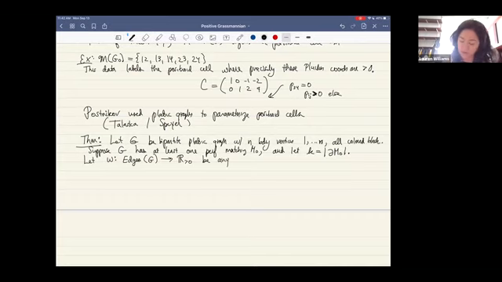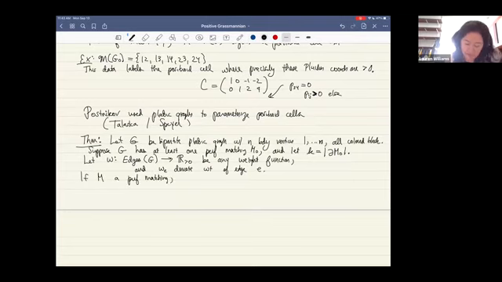We're going to call this a weight function, and W sub E denotes the weight of edge E. And then if M is a perfect matching, we'll let the weight of M be the product of the weights of all edges in the matching.